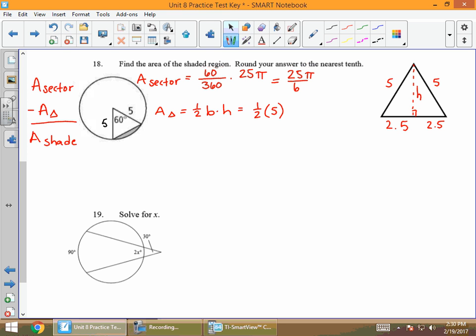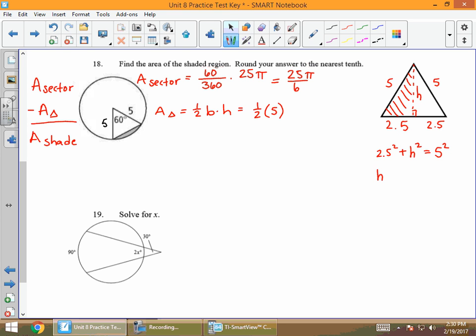And it is a 90-degree angle, so I can do a squared plus b squared equals c squared. So if I start thinking about just one of these two triangles, so I've shaded one of them in, a squared is 2.5 squared plus b squared, which is h squared, has to equal the hypotenuse, or 5 squared.